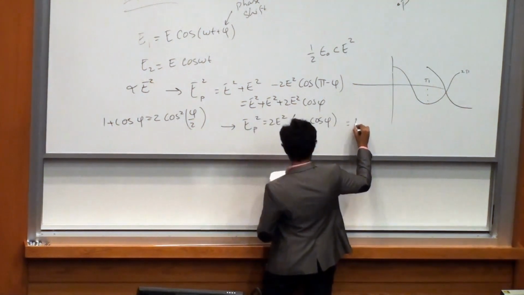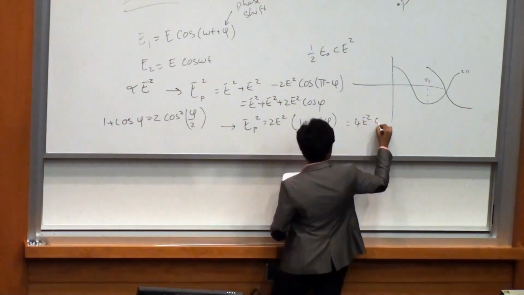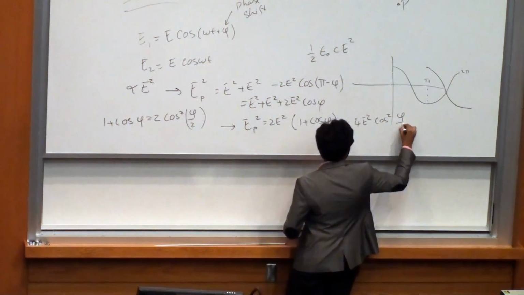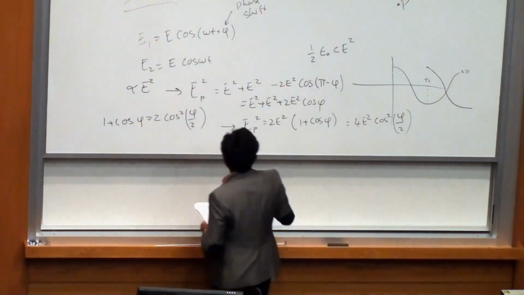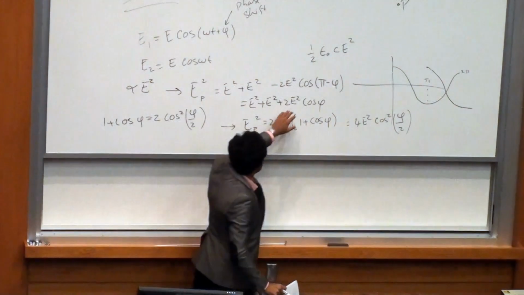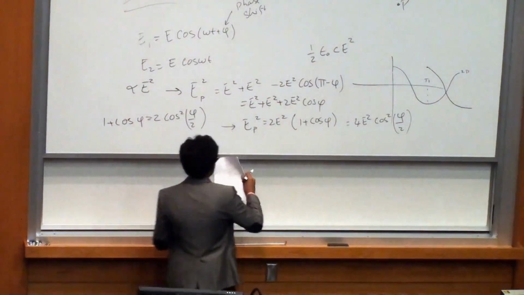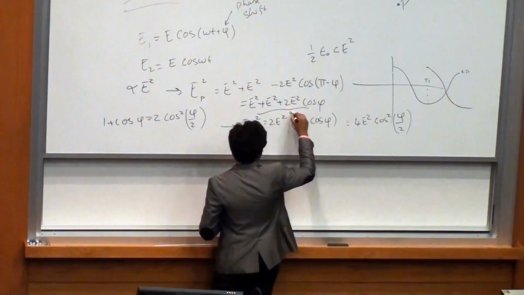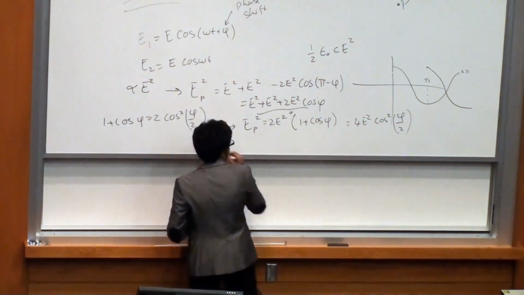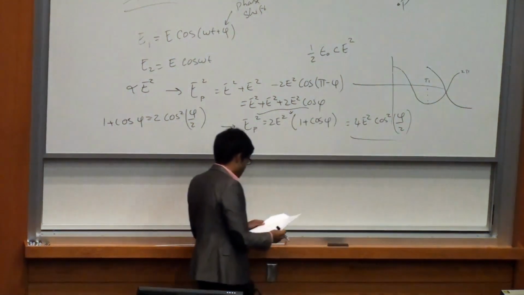This equals 4 E squared cosine squared of phi over 2. So I combine those two E squareds, I factored out the E squared, and this boils down to that. Then I apply my half angle identity, and I get that.